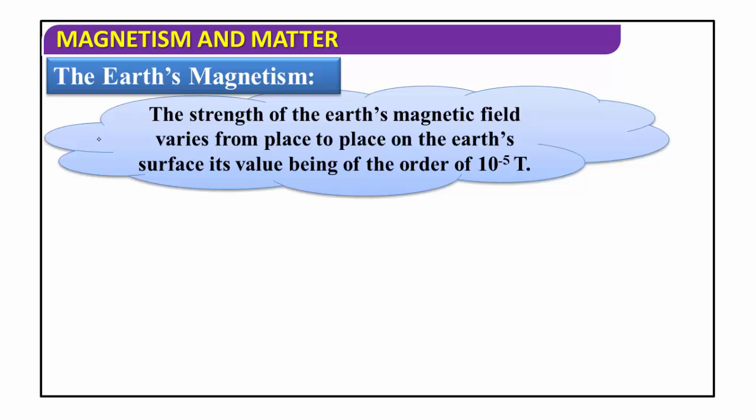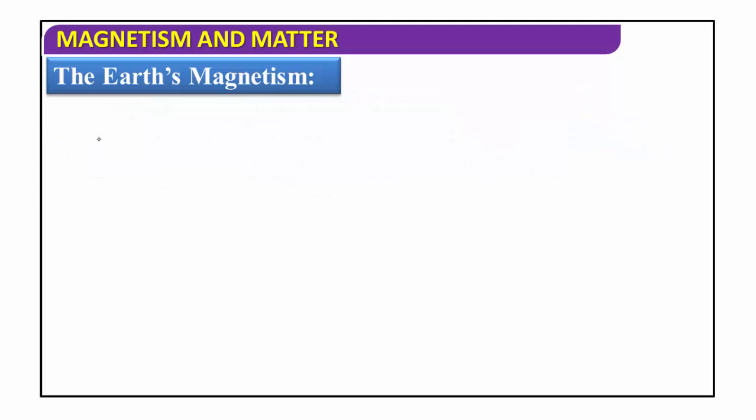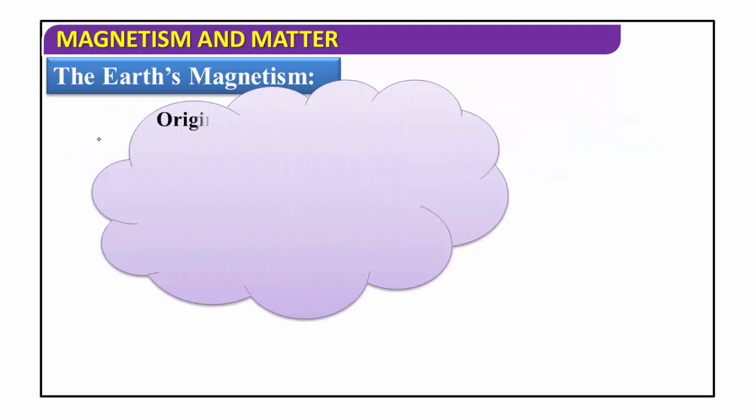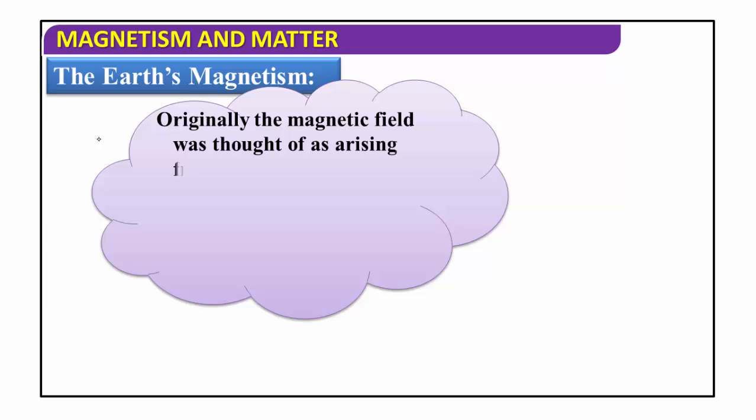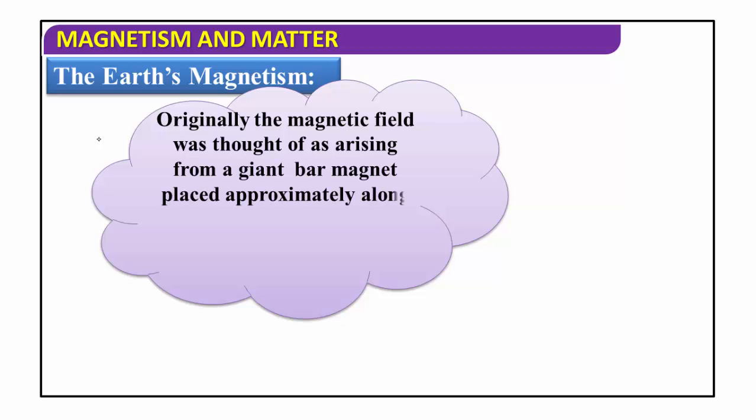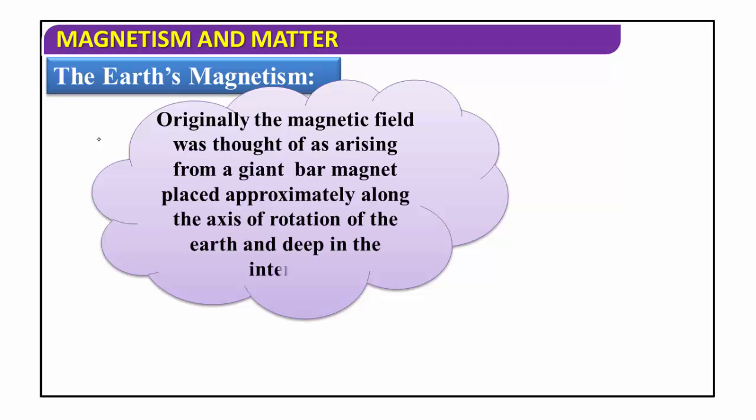Earth is considered to be a huge magnet having a magnetic field of strength of the order of 10 to the power of -5 Tesla. Originally the magnetic field was thought of as arising from a giant bar magnet placed approximately along the axis of rotation of the earth, deep in the interior.